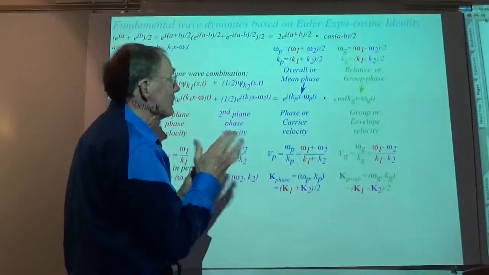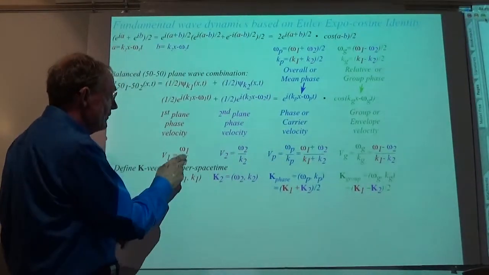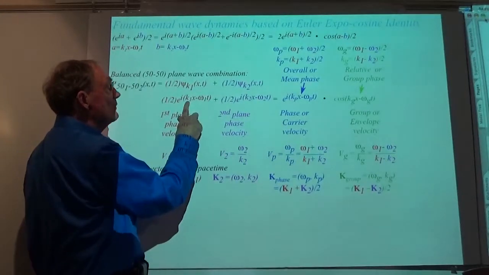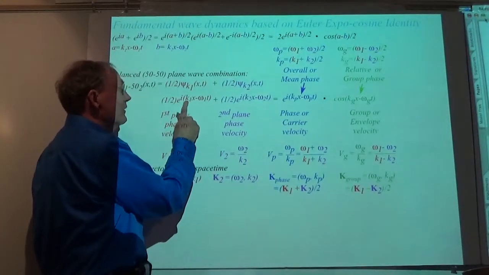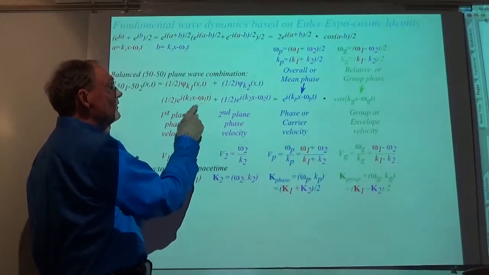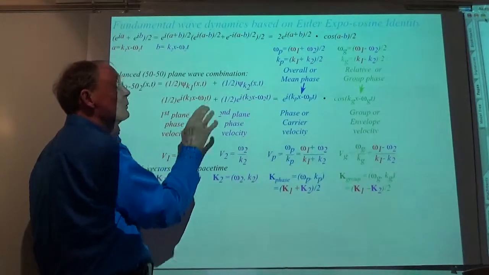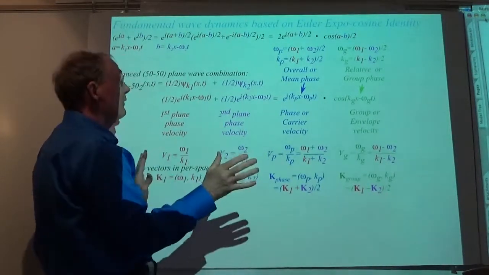Now, let's make sure we know what we're doing here. When I say this is the velocity, what I mean is I'm going to say how fast does this phase, a particular value of it, go. Let's say how fast does k1x minus omega 1t equals 0 go?